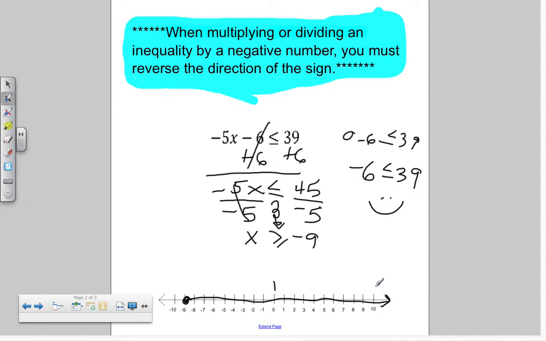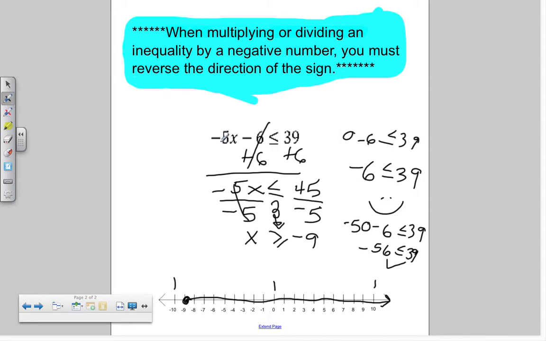So if I use 10, I would have negative 5 times 10, which is negative 50, minus 6 is less than or equal to 39. So that gives me negative 56 is less than or equal to 39, which is indeed true. If I chose negative 10, you will see I get something that is not true.